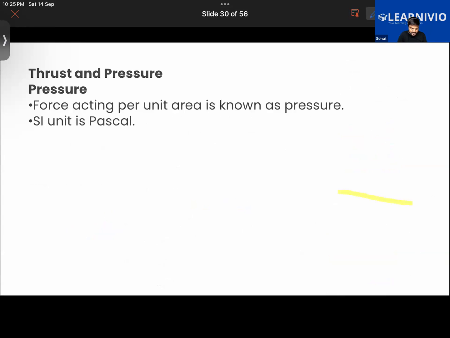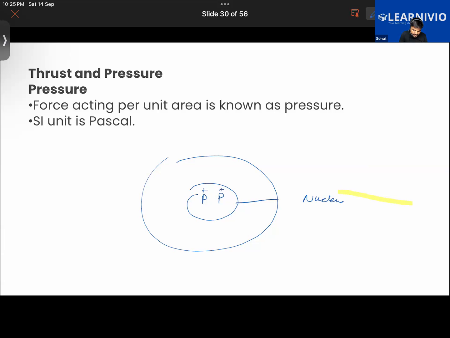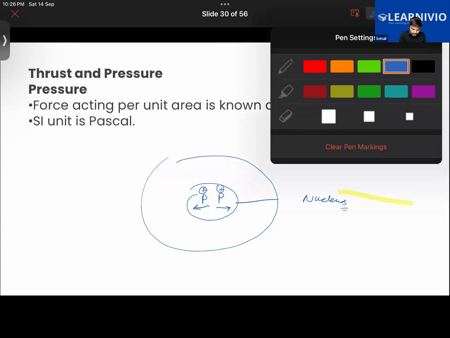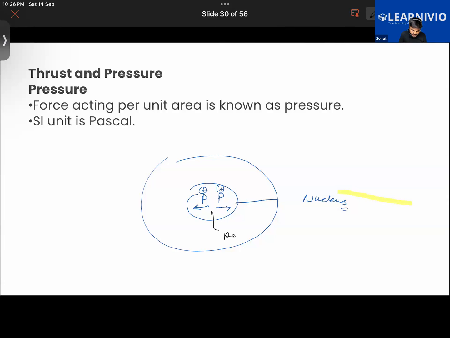I mean to say that basically you have this atom here. Inside the atom, you have this nucleus, and in the nucleus, I have these two protons. Say that these are positive charges, and they will be repelling each other, isn't it? Ramiz, Aisha, and Ibrahim. They will be pushing each other. So if they are pushing each other, the atom should break, then the nucleus should break, right? This is repulsive force.